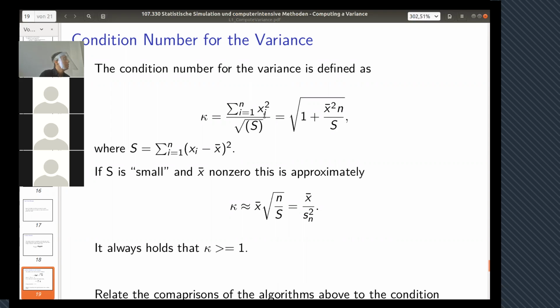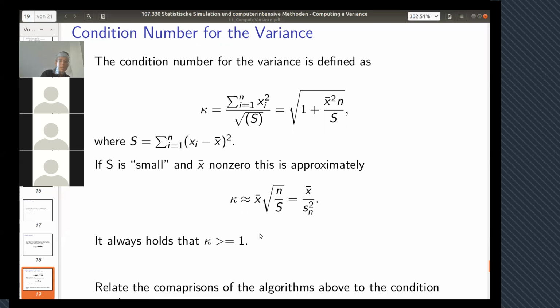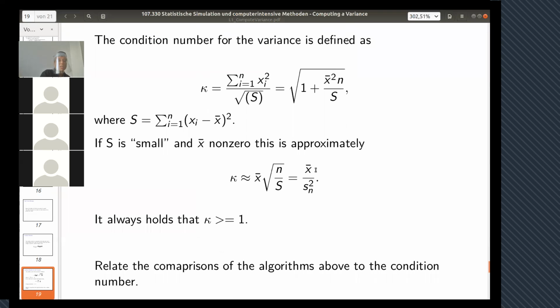It's mainly based on this quadratic form of the absolute of our actual values, and therefore the conditioning depends on the mean value divided by the sample variance. As long as this is greater or equal than 1. How can it happen that this is not the case if we have super small numbers? Then it breaks down.